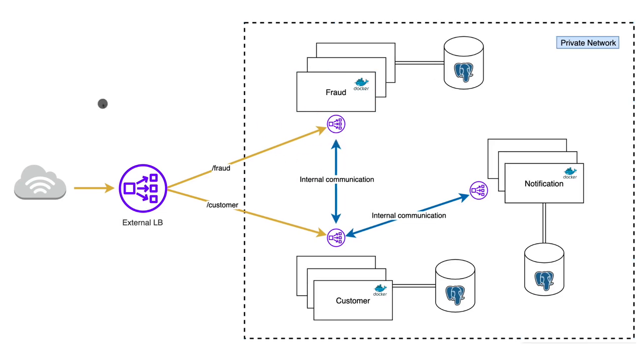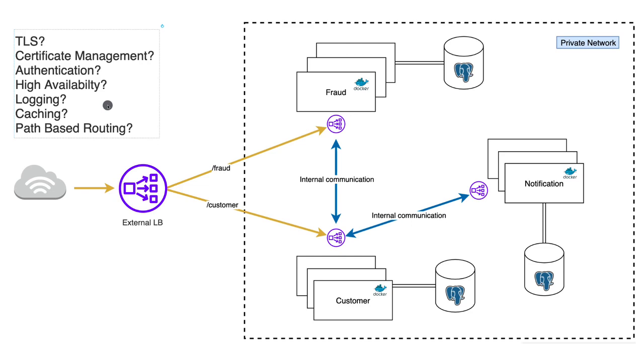Now, there are a lot of things that we have to take into account, such as TLS, certificate management, authentication. Where do you authenticate the requests? Do you authenticate the requests within every single microservice or within this external load balancer? Do you terminate TLS in here or through these services in here? How do you make your load balancer highly available, meaning that it's always up and running no matter what?